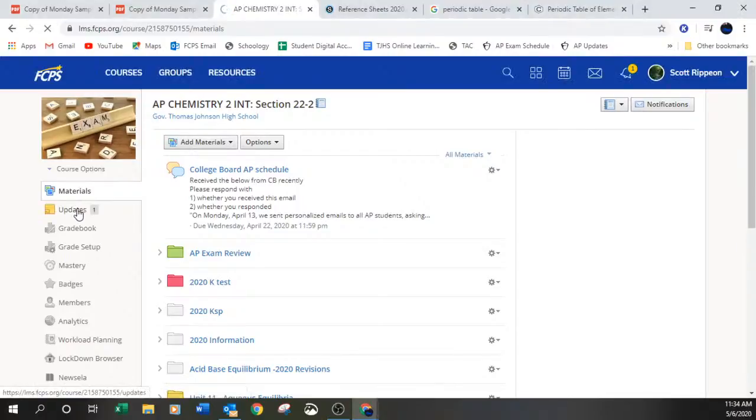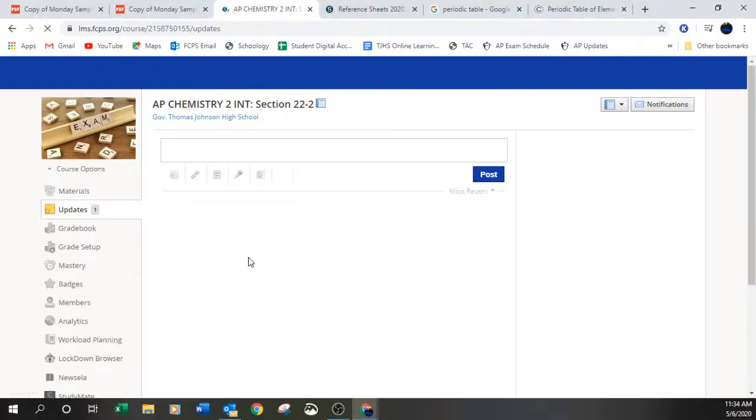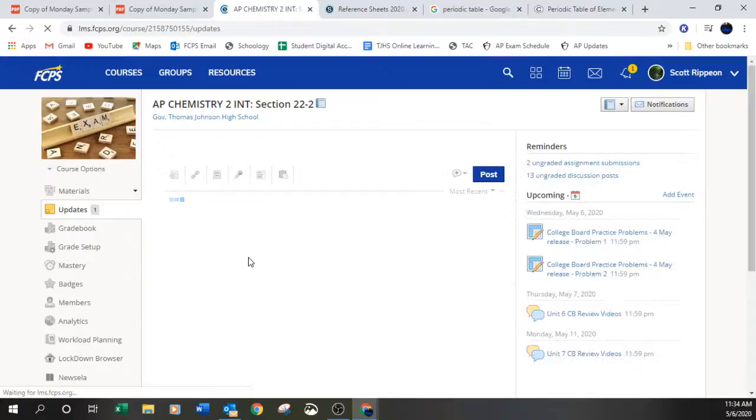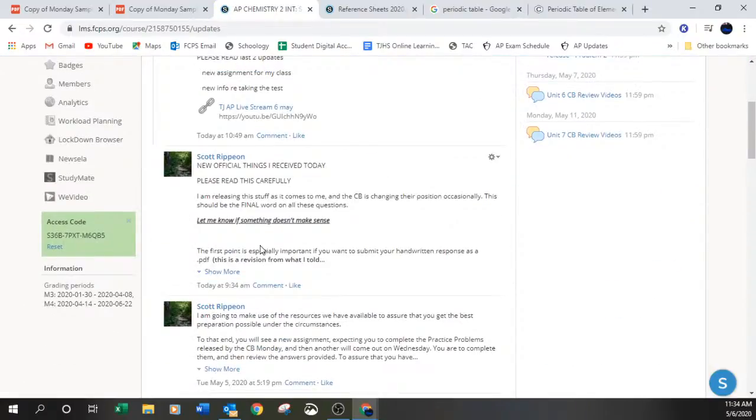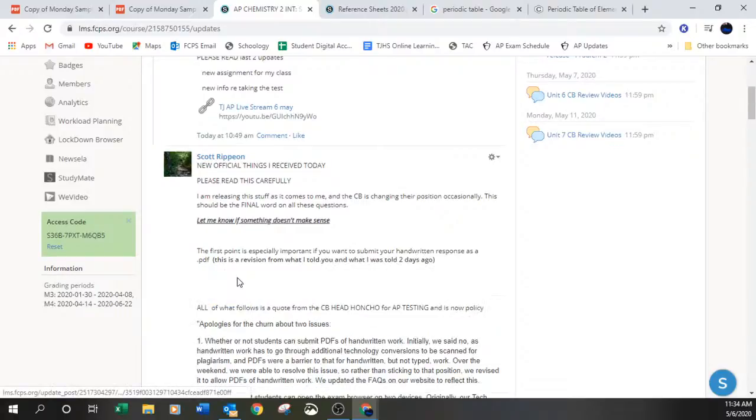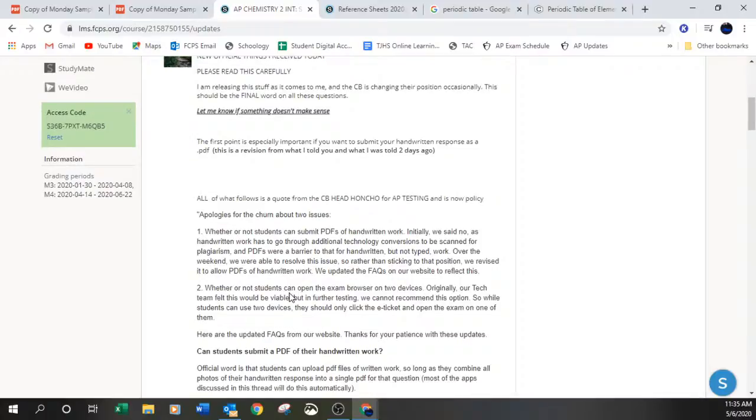If you look in the updates, they've been vacillating a great deal as to exactly how to submit things. So if you look in the updates today, you're going to see a series of discussions, not really discussions, but what was sent out by the head of College Board testing. And there are a bunch of points that he brings up here.